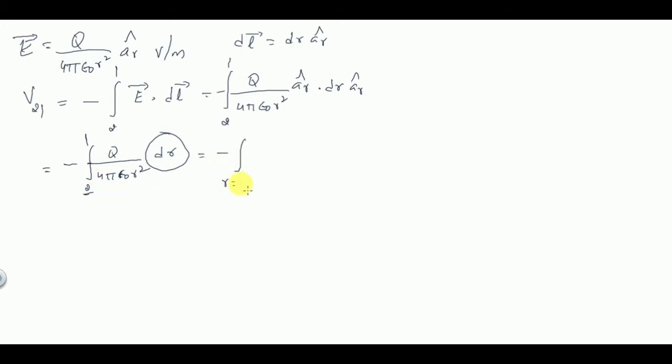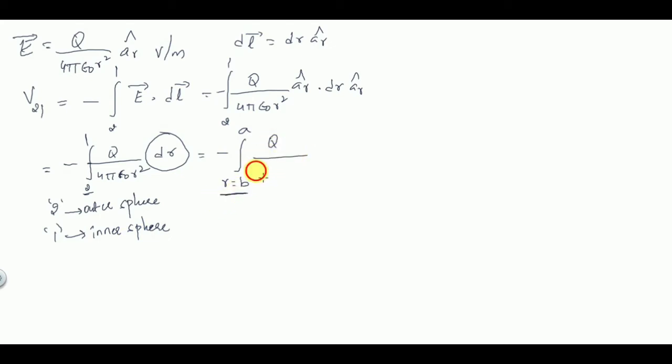So r is equal to b, where 2 represents the outer sphere. Its corresponding radius is b, and 1 represents the inner sphere, where the radius is a here.